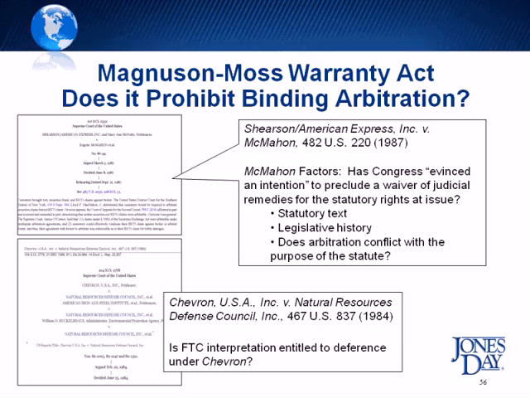So the question is whether the Federal Arbitration Act's mandate has been overridden by a contrary congressional command in the Magnuson-Moss Warranty Act. And it's the party opposing the presumption that bears the burden of demonstrating, as McMahon lays out, whether Congress has evinced an intention to preclude a waiver of judicial remedies for the statutory rights at issue.